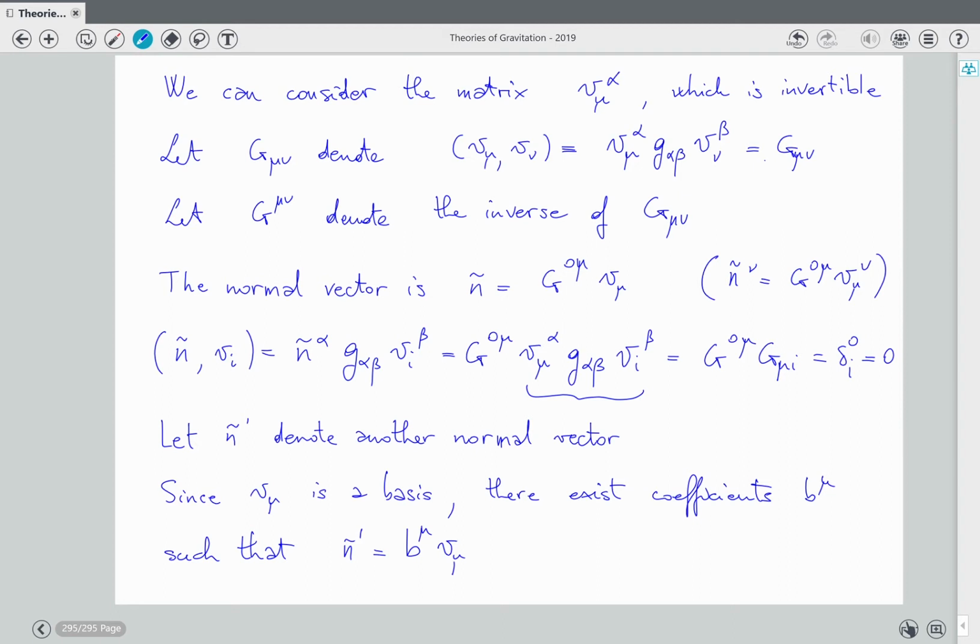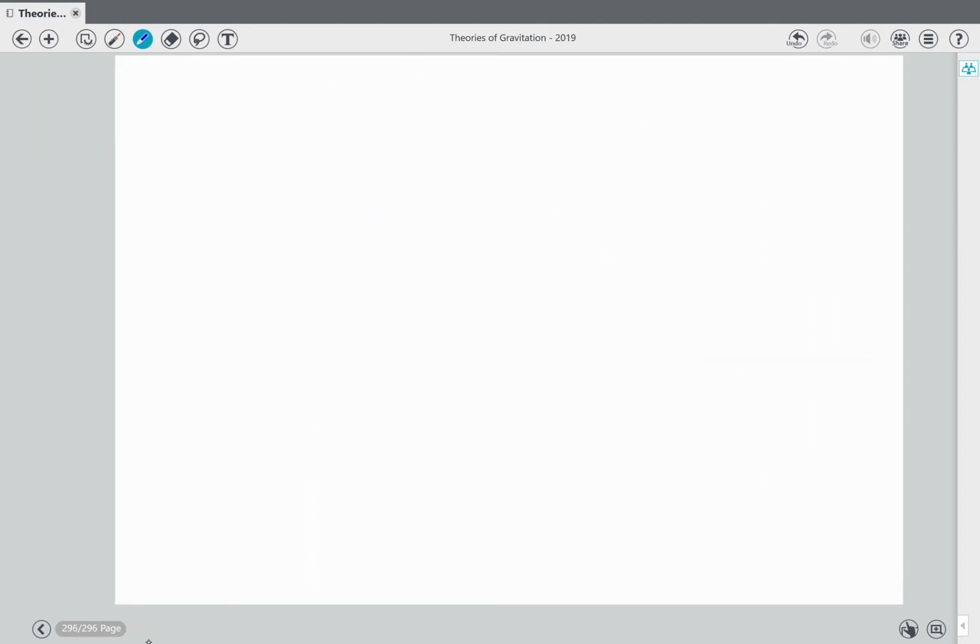Then we want n tilde prime to be orthogonal as well to the VIs. N tilde prime VI equals 0, I equal 1, 2, 3. So let's check what this gives.